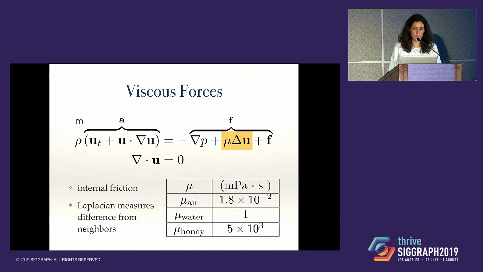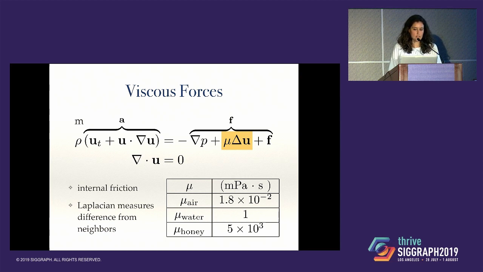So for example, honey, well, its viscosity actually depends very strongly on temperature. If you've ever tried to pour some honey and found you had to put it in the microwave to get it to flow out of the bottle. But it's about, in this example, 5 orders of magnitude larger than air. And then water is defined to be 1.